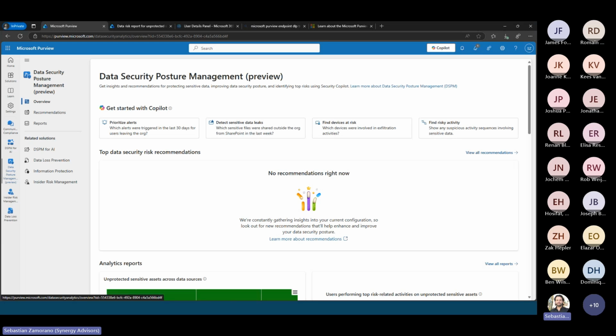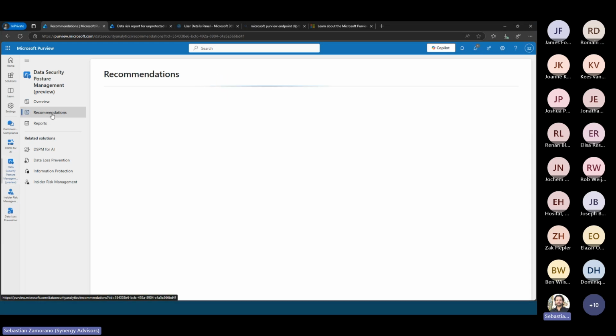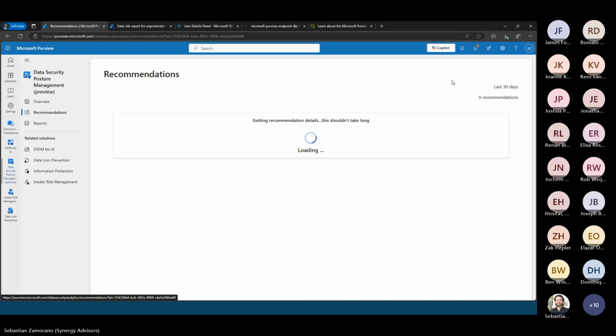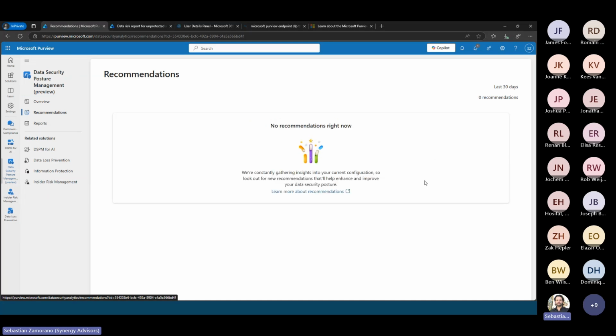The recommendation was showing yesterday, but on each of these, every time we have a recommendation, we will see a button that permits creating a DLP policy in some cases, or an insider risk management policy, or both. If something is happening in the backend and we get a recommendation from DSPM, we will see a button that says create policy, and we will see it in the side pane.